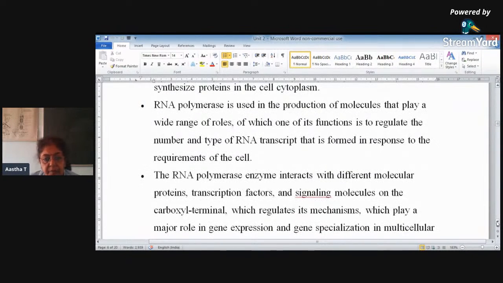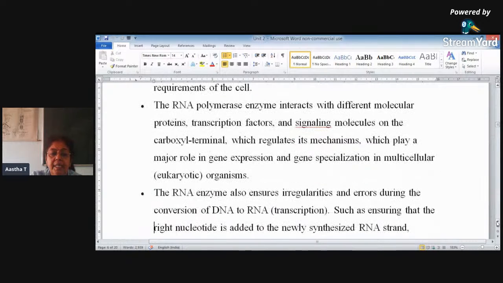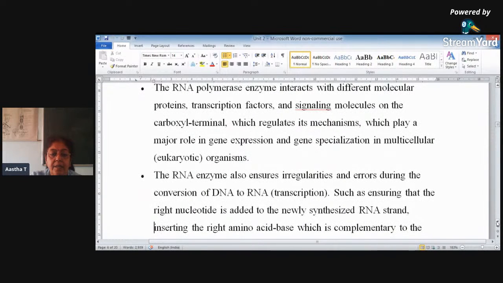It can interact with various proteins, transcription factors, and signaling molecules, and they will be regulating the process of gene expression or gene specialization in multicellular organisms, that is eukaryotes. This enzyme also corrects irregularities and errors during the conversion of DNA to RNA.